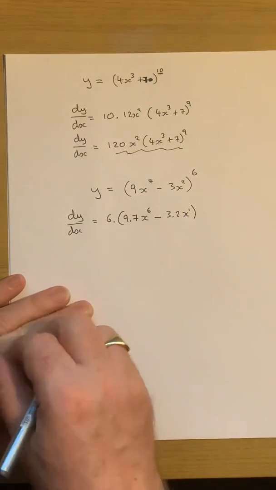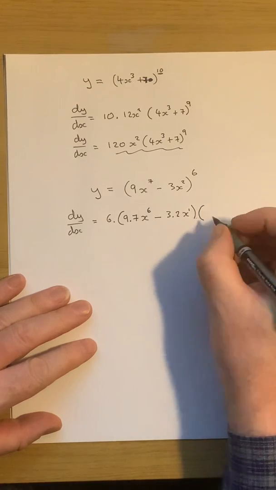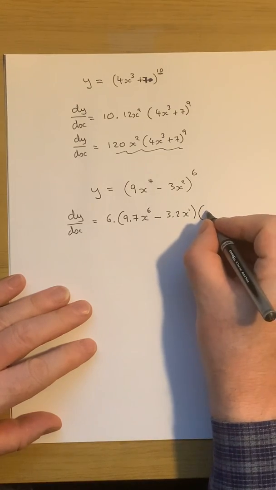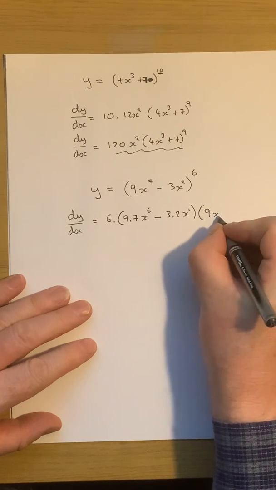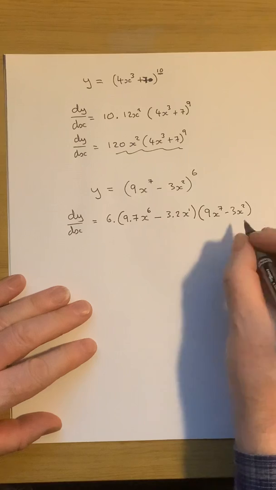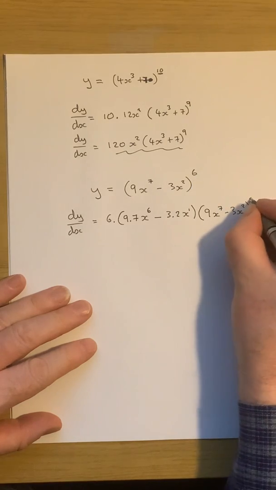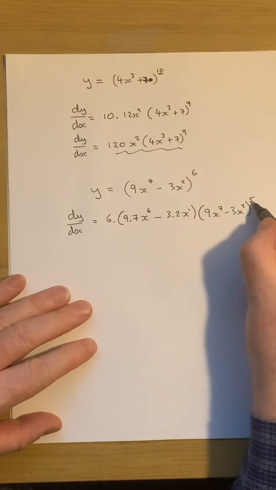Now that's the inside of the brackets differentiated. Now what we do is we write down the original contents of the brackets, 9x to the power of 7 minus 3x squared, but this time we reduce the power of the index by 1, so 6 goes to 5.